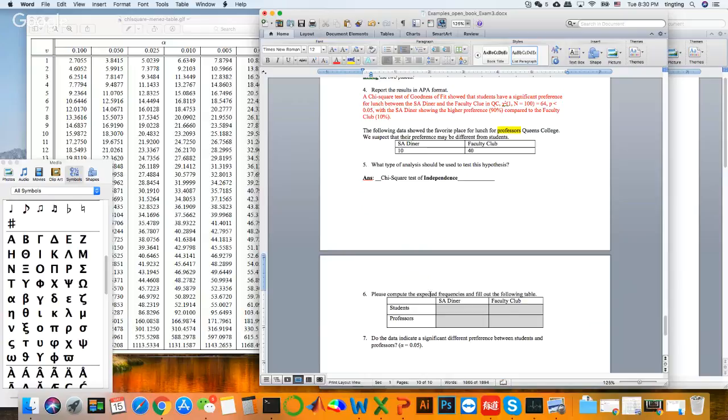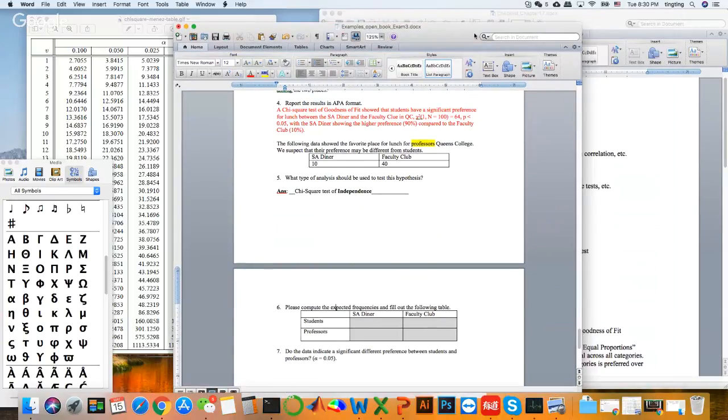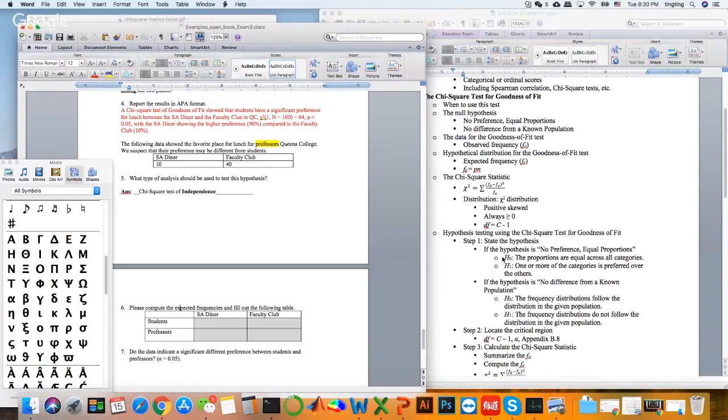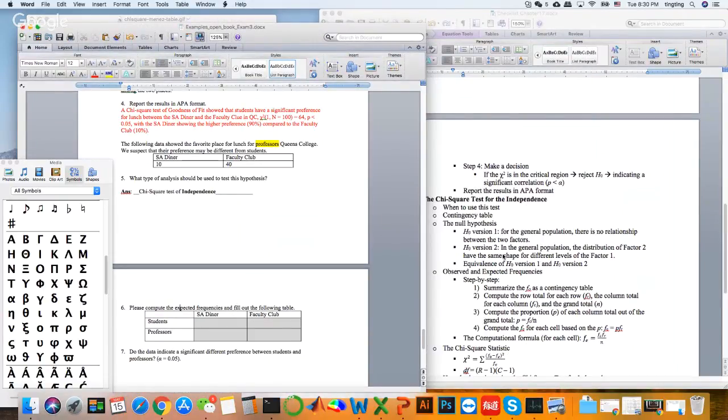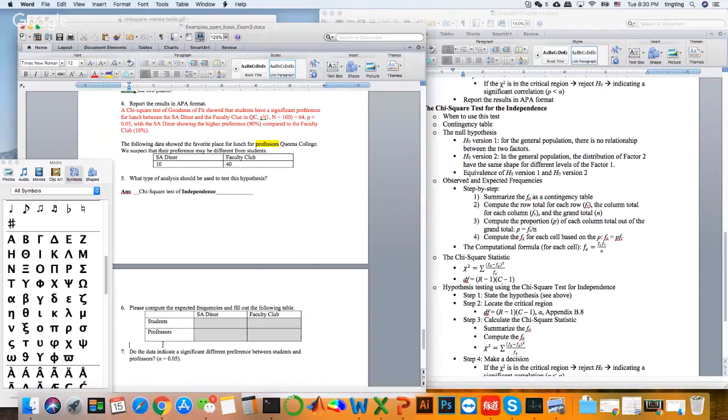Then let's compute the expected frequency. We can use this one as the computational formula.